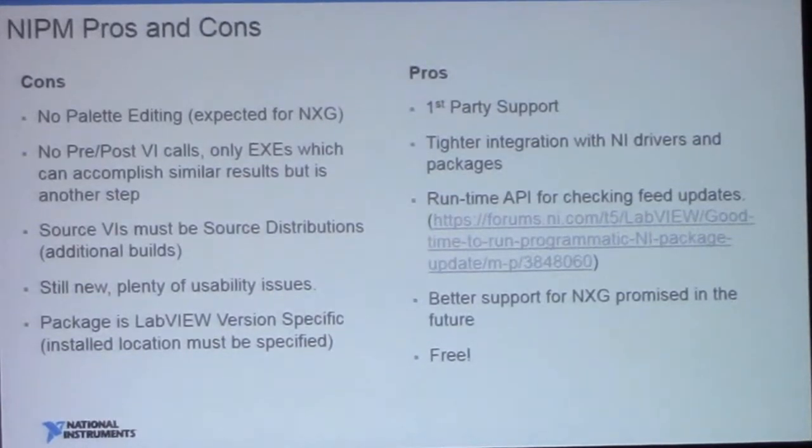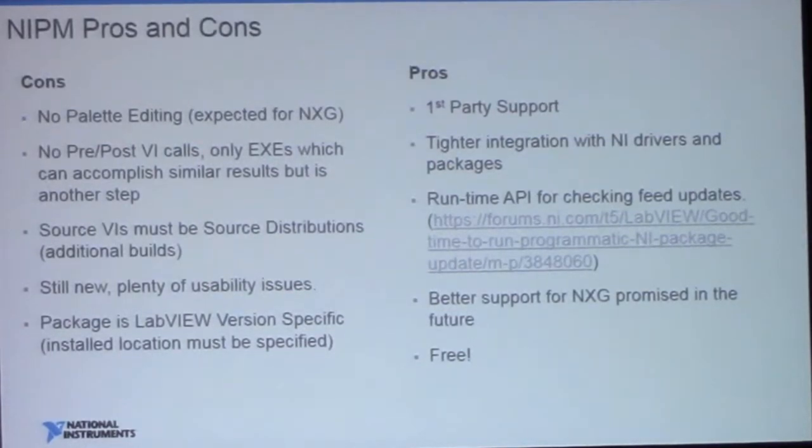But one thing I will mention is this Runtime API, which is super cool. VIPM does have an API, but it's for pro users only. And it's for things like automating builds and automating pushing to the repository. And NIPM is free, and so it includes a bunch of stuff like this. There's a command line interface. There's also an API for doing things like checking for feeds.